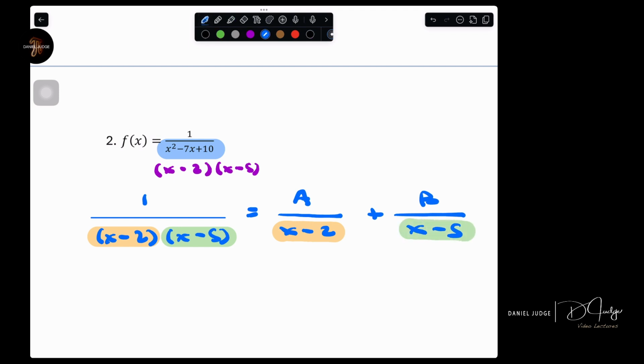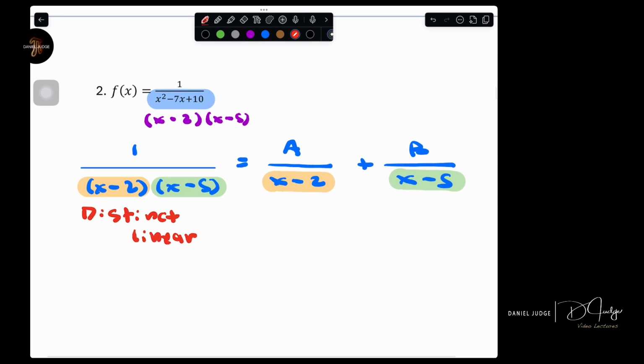Remember, these two are distinct linear. So every one of those linear factors is a simpler linear fraction, a over x minus 2 plus b over x minus 5 in this case.